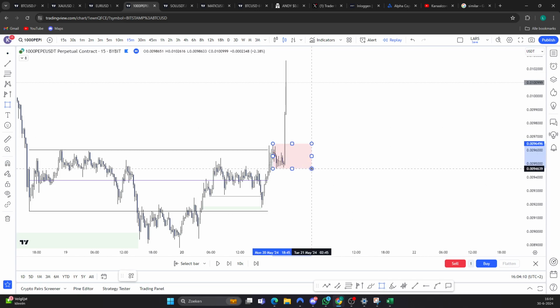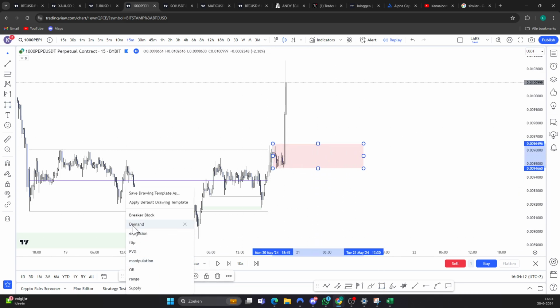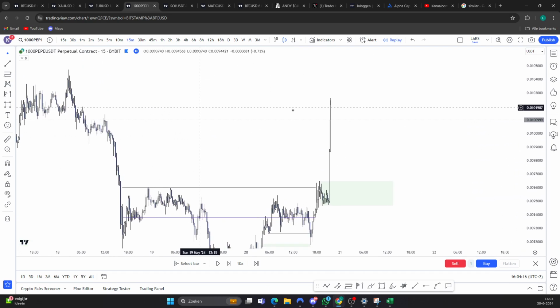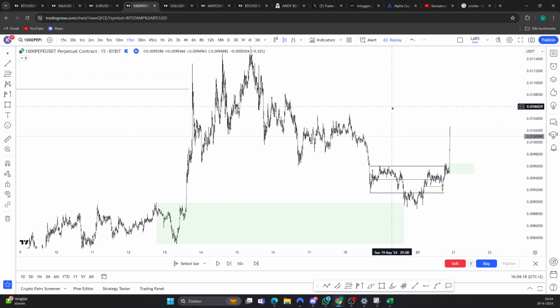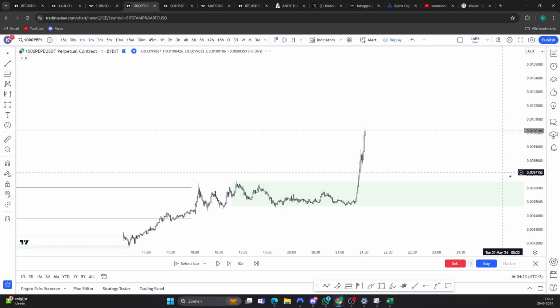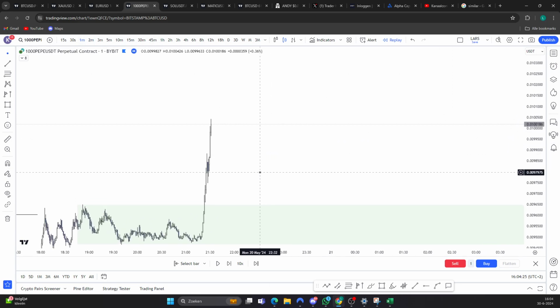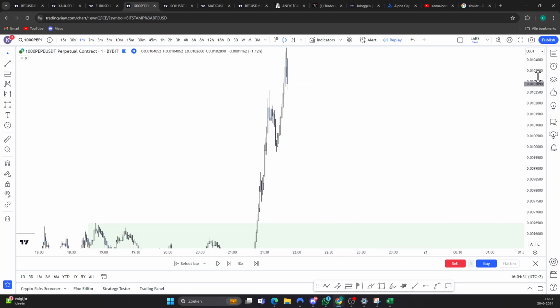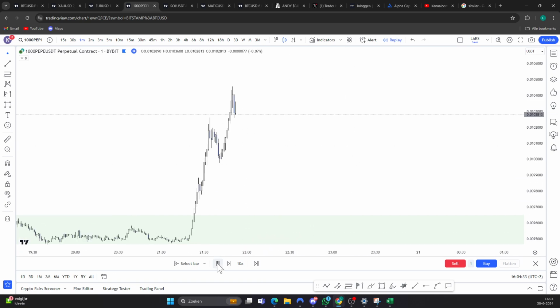This is a support zone. There's not really any resistance. So let's just follow price action and see how it develops. Higher low, higher high.